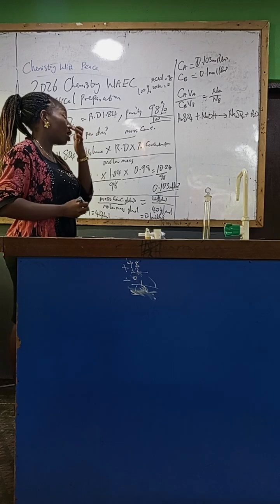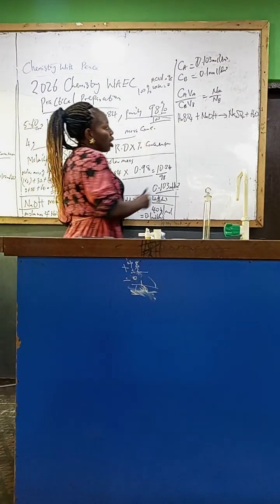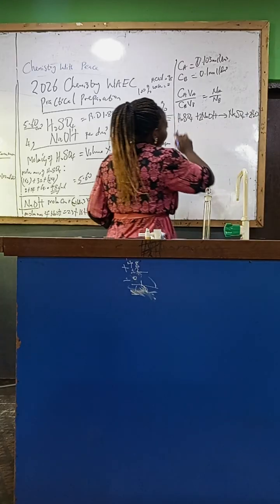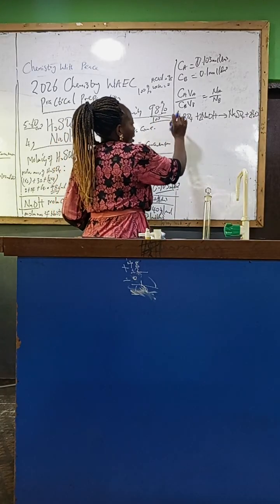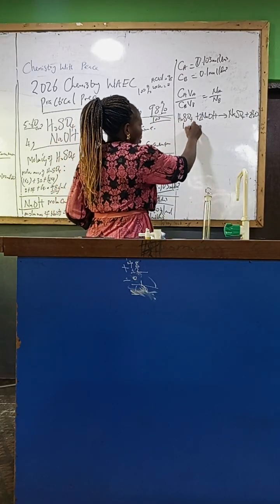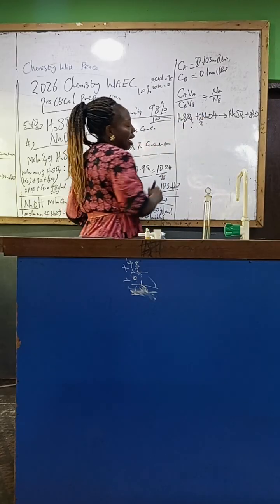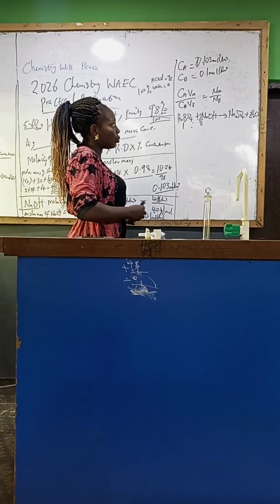This equation is not balanced. Therefore, to balance, we are going to have 2 here and 2 here. This is to say that the acid and base are in 1:2, so our Na is 1, our Nb is 2.